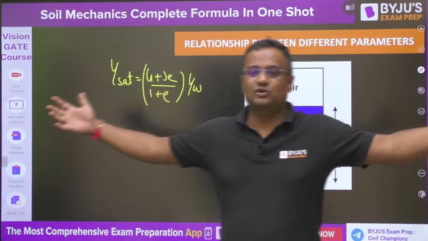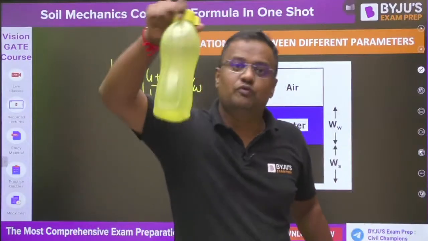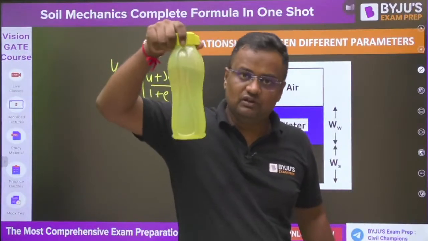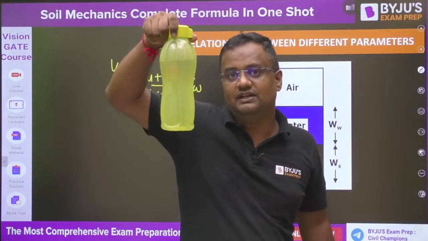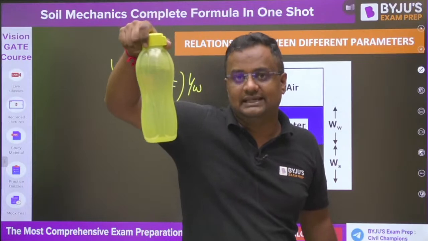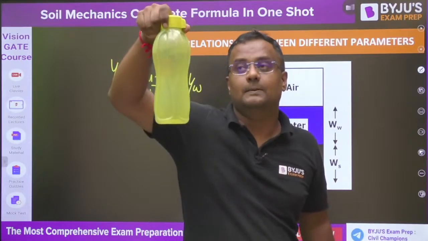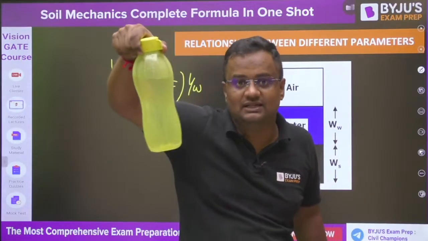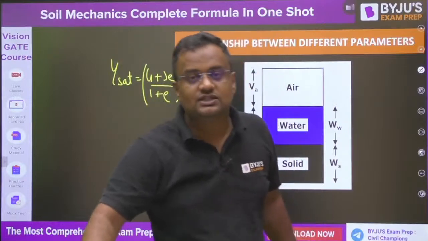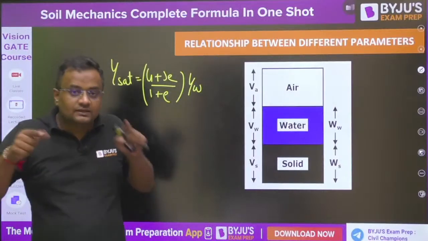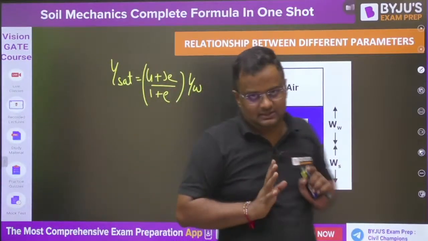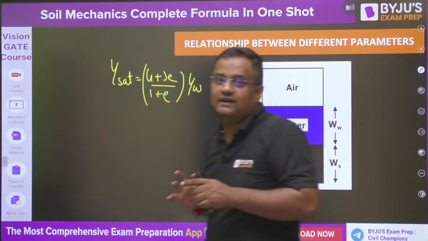If this bottle is filled with water, bottle volume is constant, so it will have different density. Filled with beer, it will have different density because weight will be different, might be a little lighter. If this bottle is filled with jam, it will have a higher density because volume is same but weight is more. Similarly, the liquid which goes into the voids is the deciding factor for the density.